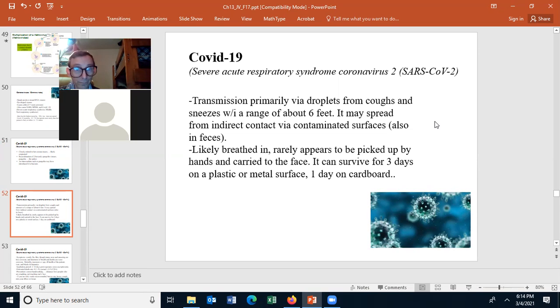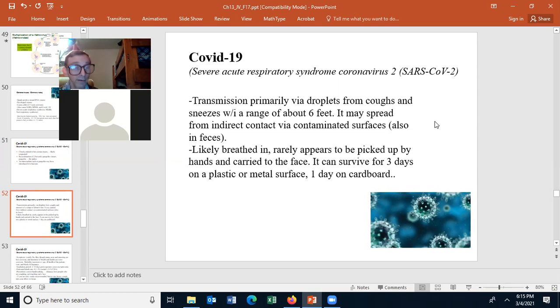But you can pick it up from your hands and then inoculate it into your face. The virus can survive for 3 days on plastic or a metal surface, but it can only survive for a day on cardboard or paper.